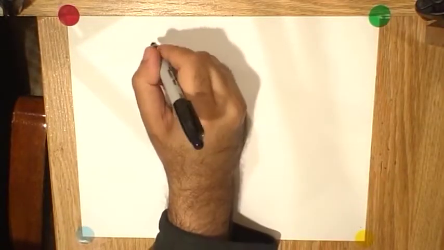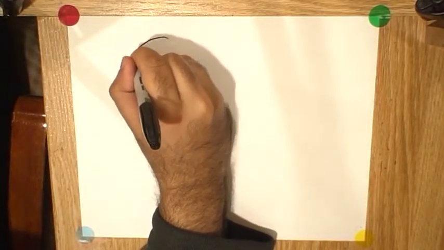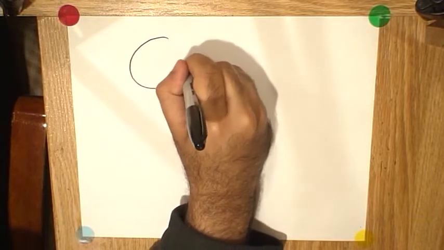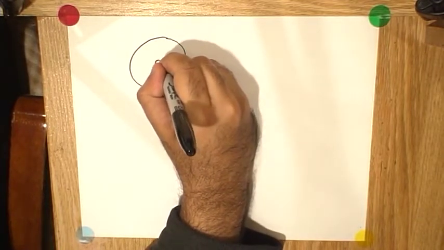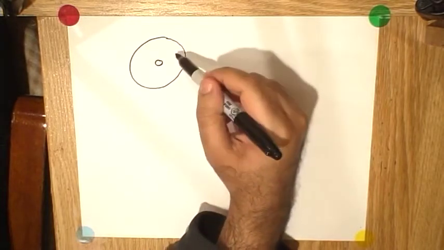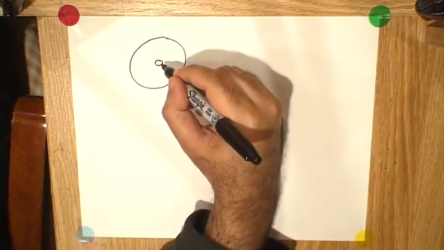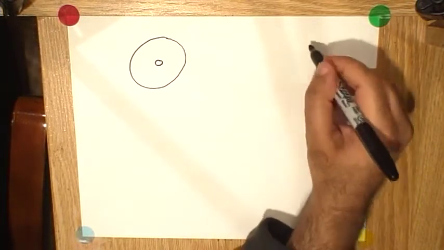We'll start, as always, by drawing a picture of the system. So this is what a gyroscope looks like from above. Here's the disk, and this small circle is the shaft.